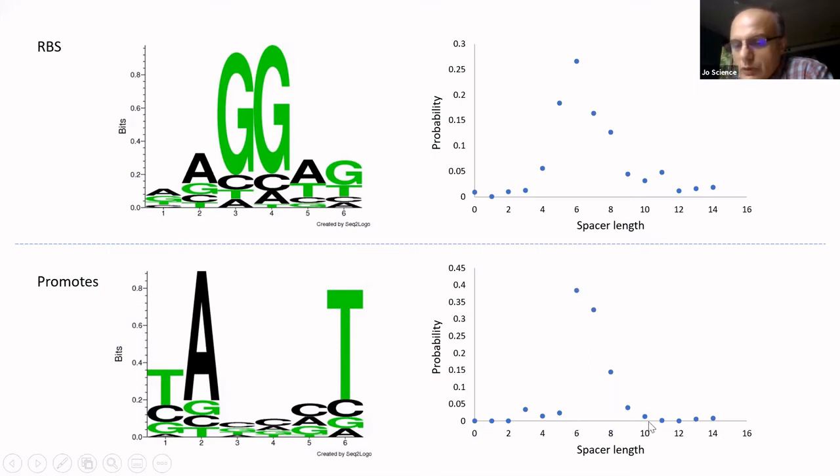Almost all the promoters are in positions from 6 to 8. And as I mentioned, the transcript should start from ATG, from the start codon, for this mechanism to work.